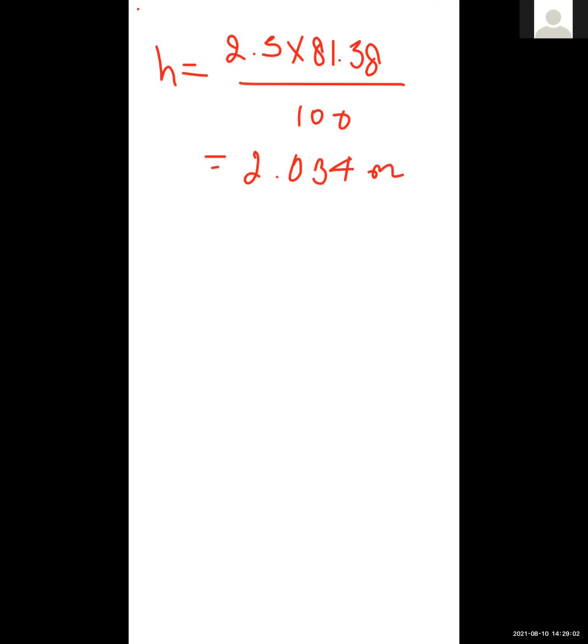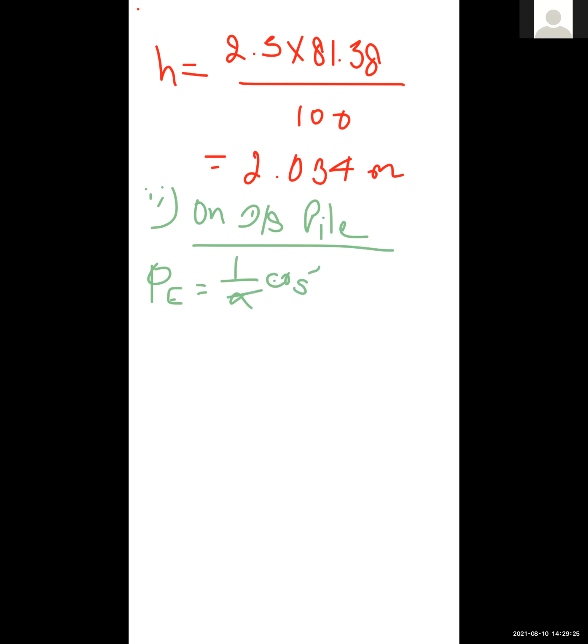So on the downstream pile, the value of phi E equal to 1 by pi cos inverse of (lambda minus 2) divided by lambda as per Khosla theory.